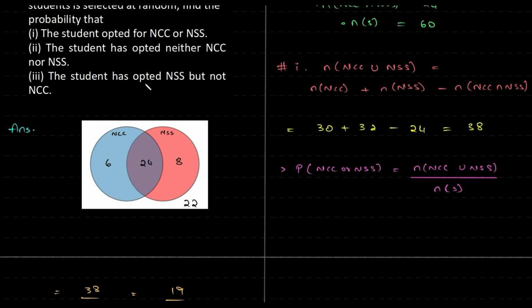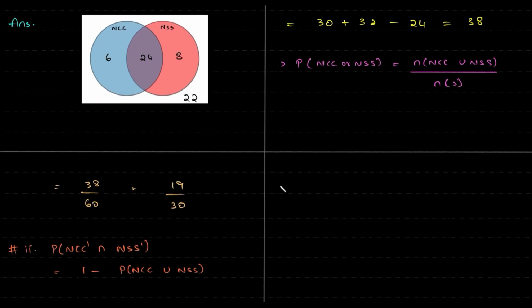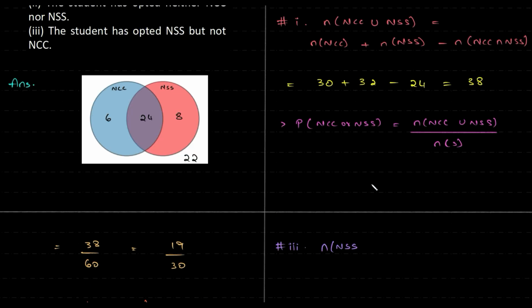Then the student has opted NSS but not NCC. NSS but not NCC. So there are 8 people. We need to show that though. So third question, number of people who opted for NSS, right, but not NCC.